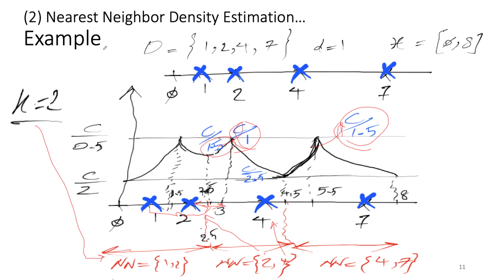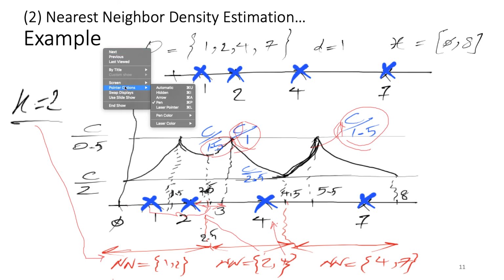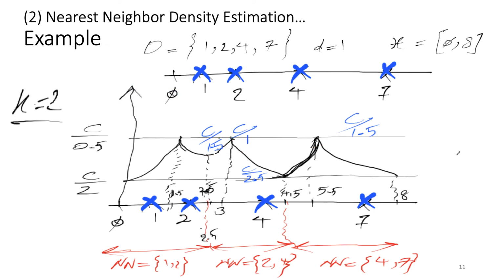Let me clean this up so you can see it better. So as you saw, one of the prerequisites to apply this density estimation is that you have to have bounded data.